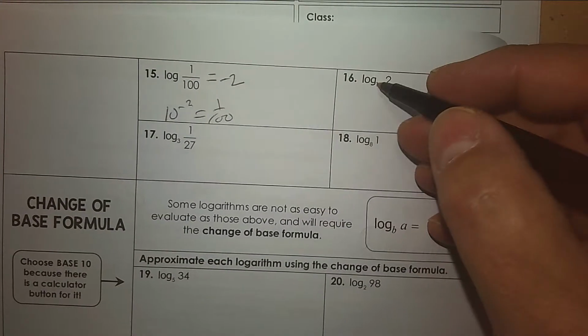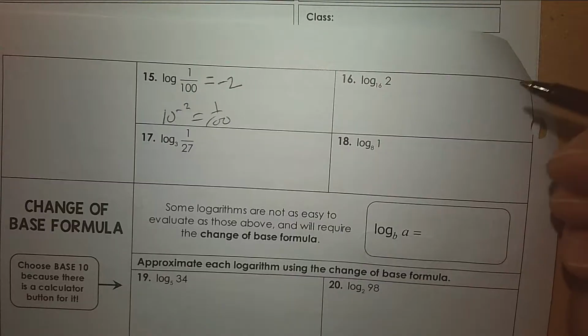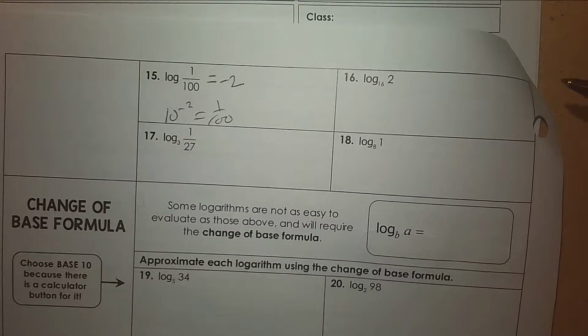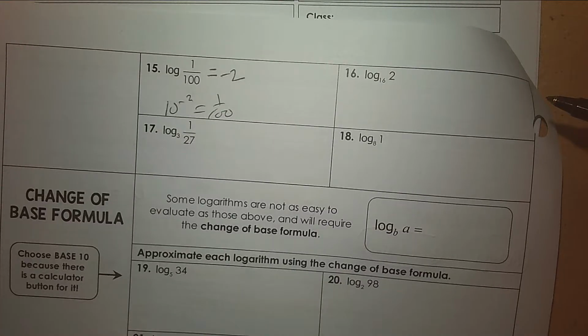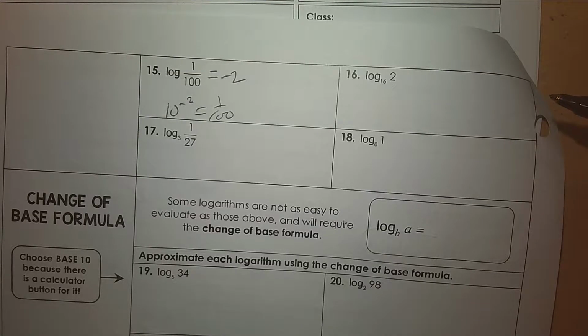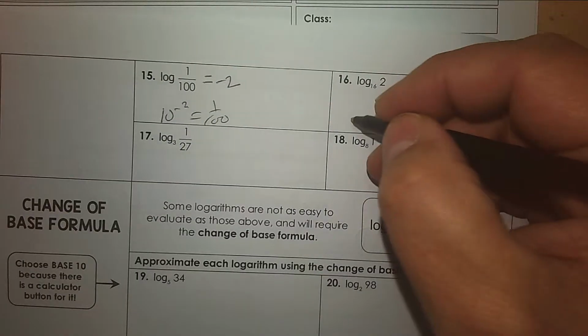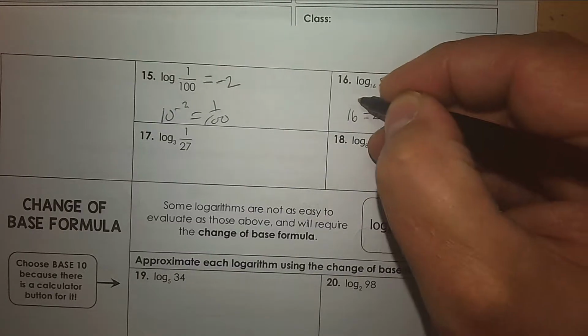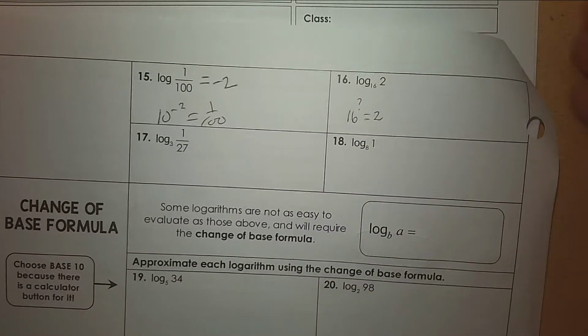If your base is bigger than the answer, then you must have a fraction. Like if your base is big and your answer is small, then your exponent must be a fraction. You ready? So what you're looking for is 16 to what exponent is equal to 2?